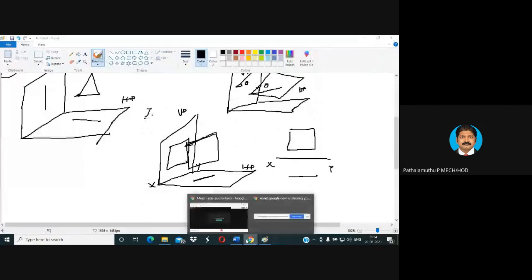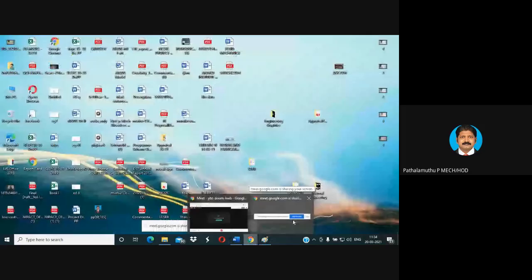Next option. Front view gives true shape and size. It is also correct. See the front view gives the true shape. Okay, and then next.